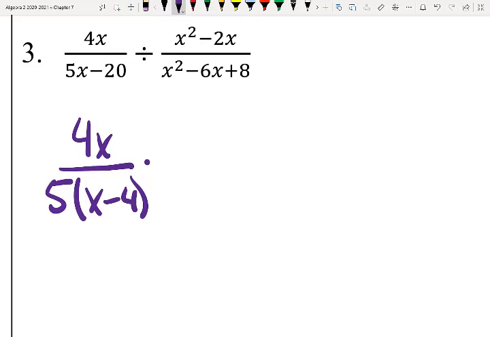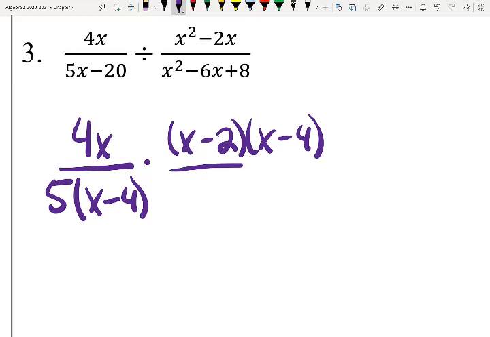So my numerator here, once I change this to multiplication, will be the factored form of x squared minus 6x plus 8. So we're looking for what multiplies together to give me positive 8 that adds up to -6, which means they are both negative. So -2 and -4 multiply together to give me 8, but add up to a -6.